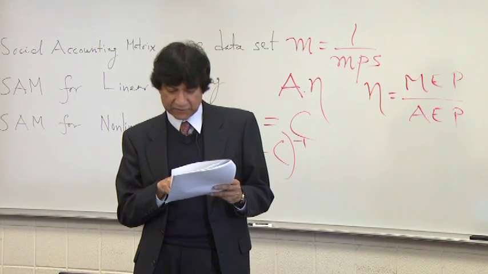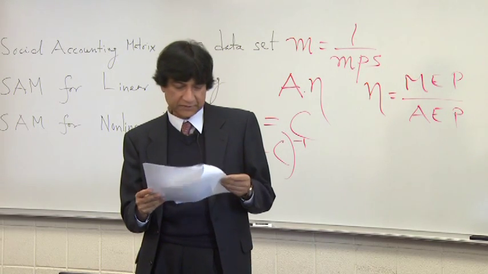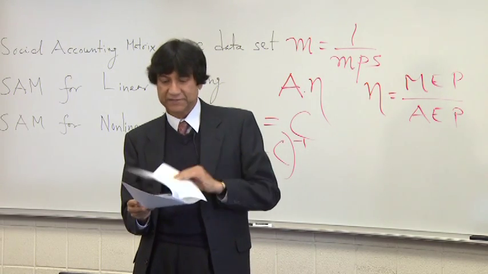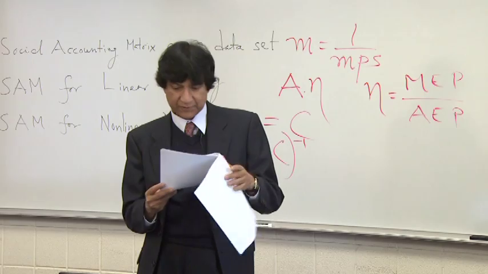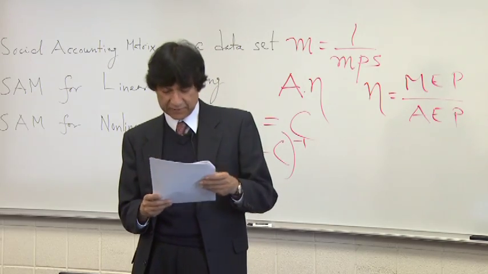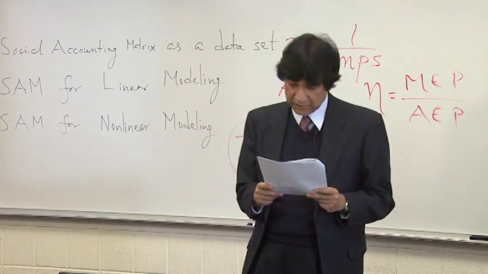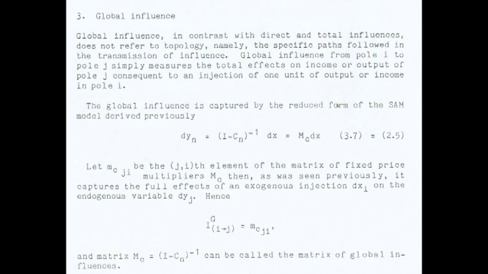So if you go to page 74, which is after that multiplier submatrix on page 70, page 74 on your handout, the middle of the page lists an item called global influence. It's item number 3.